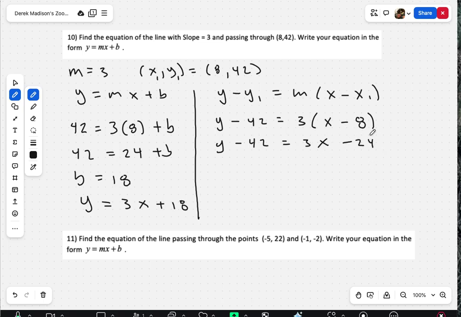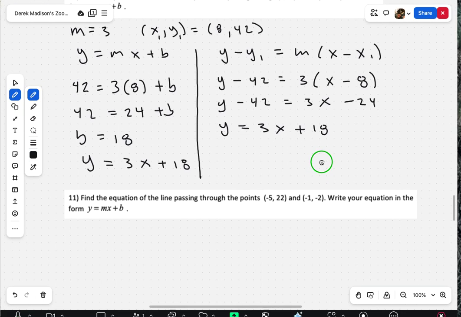And then adding the 42 over, so again we're doing 42 minus 24, same as we did over here, and we get 3x plus 18. So exact same answer, same basic steps. Some people prefer this one, some people prefer that one. Like I said, they both get you there. So I would suggest you pick the way that makes the best sense to you and then do that.